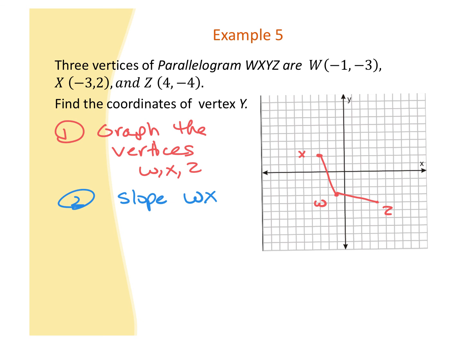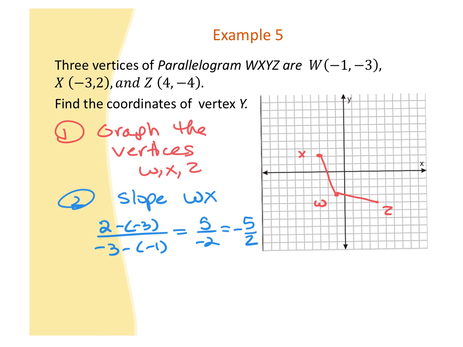I'm going to use the slope formula, y2 minus y1 over x2 minus x1. I subtract my ordered pairs, and I find the slope to be 5 over -2, which is -5/2.